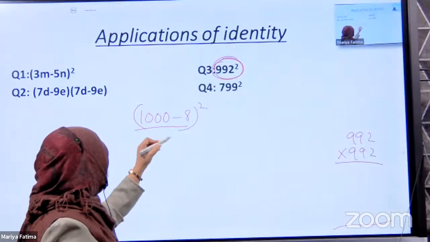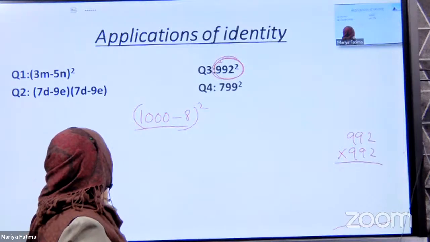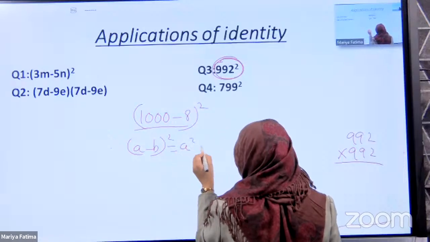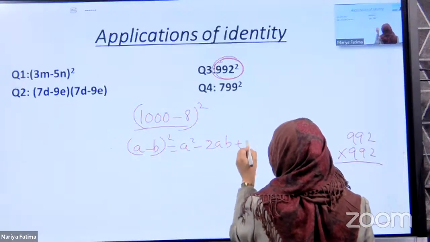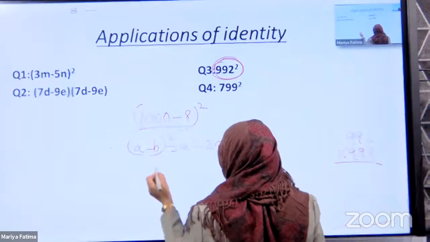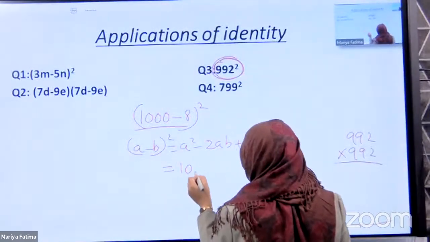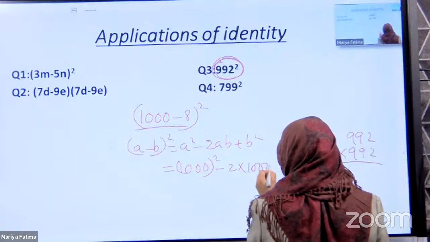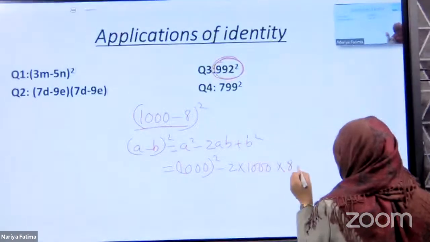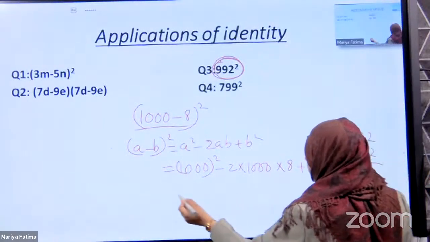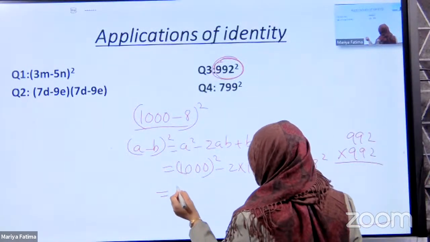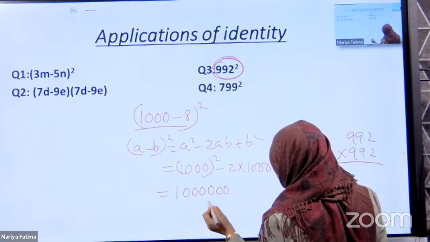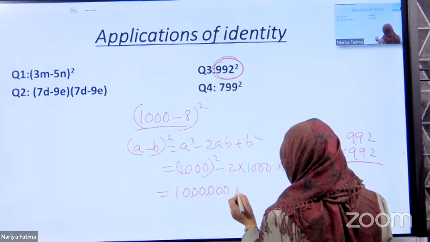Okay. So how to apply this? Since a minus b whole square is equal to a square minus 2ab plus b square. Now a value is 1000. 1000 square minus 2 into 1000 into 8 plus 8 whole square. So 1000 into 1000 will become 3 zeros and then 3 more zeros will come. So it will become 10 lakhs.